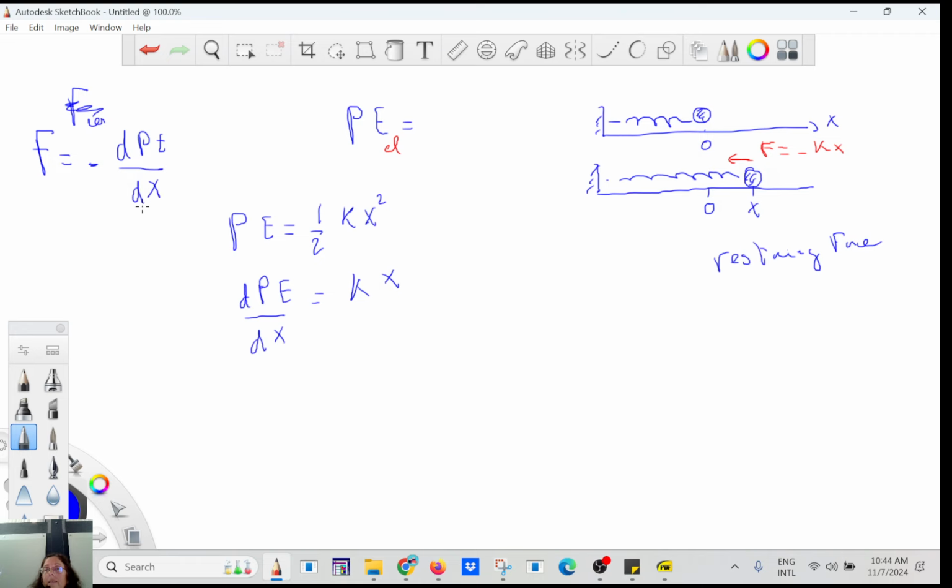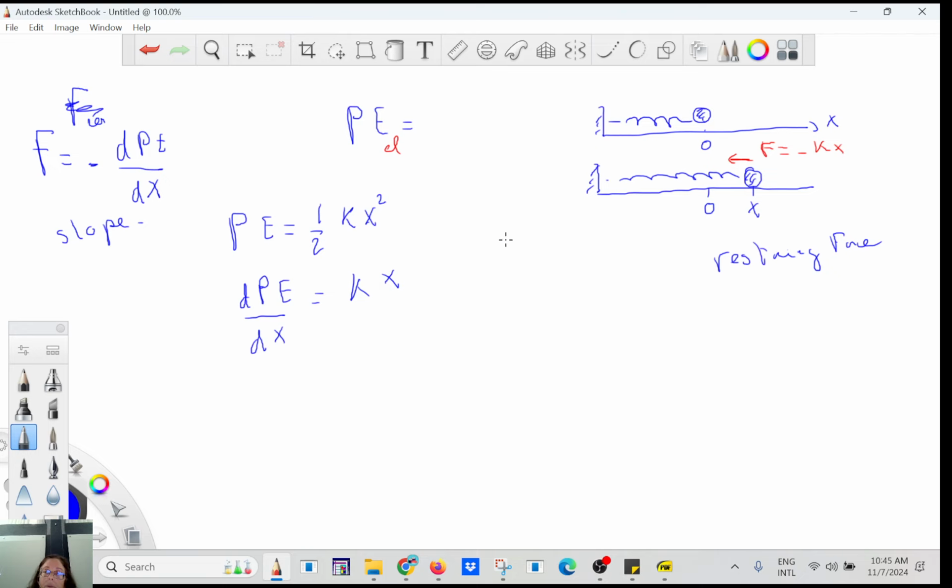So in that case, you see you work only along the x-axis, but you can work also along the y-axis, along the z-axis, the three axes at the same time. So we say that the restoring force derives from potential energy. So what is that? It's the slope. Very good. It's a slope.